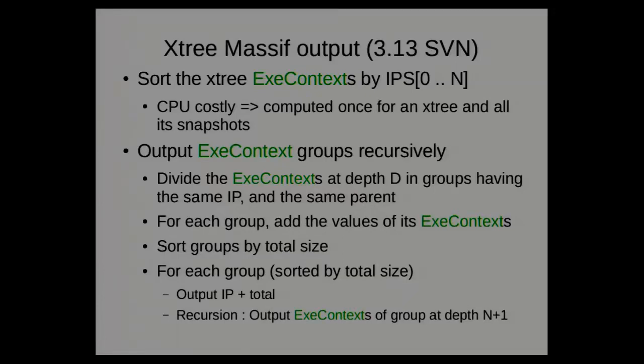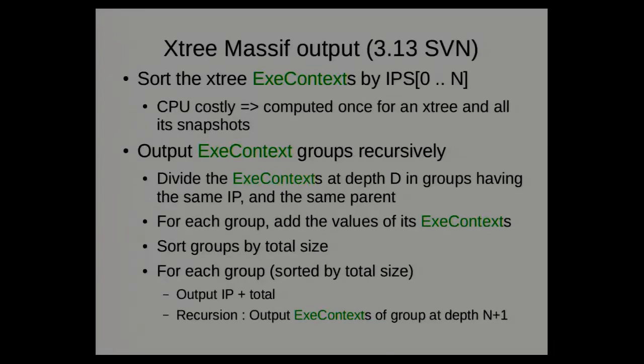So this is the algorithm which is used to output an XT in Massif format. The first thing is that we have to sort the XT exec contexts by their array of program counters. What we want is, for example at depth 0, to group together all the exec contexts which have the same program counter at depth 0.